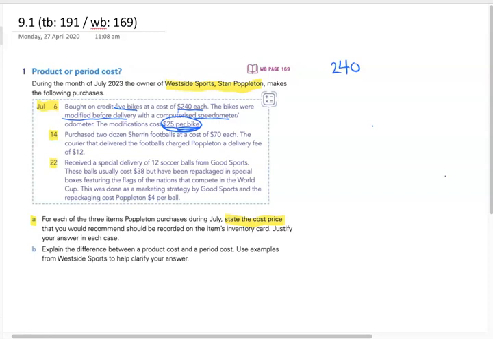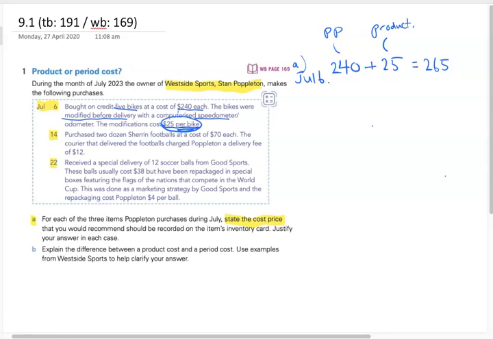So our inventory cost price is not $240, but $240 plus $25, so it is $265. We have our purchase price, and we have an additional product cost, and product costs are allocated to our inventory cost. So part A, July 6th, we know that our cost price is $265.